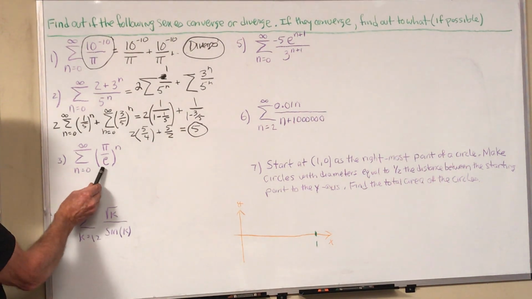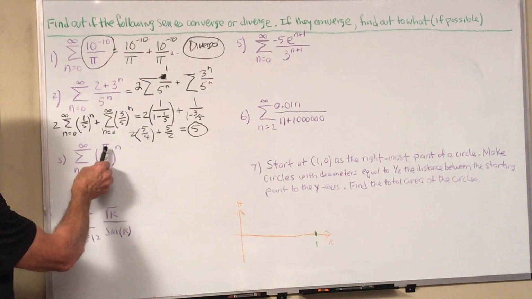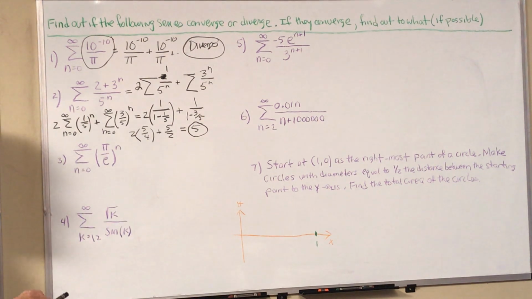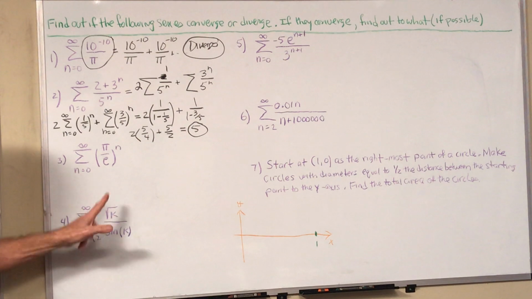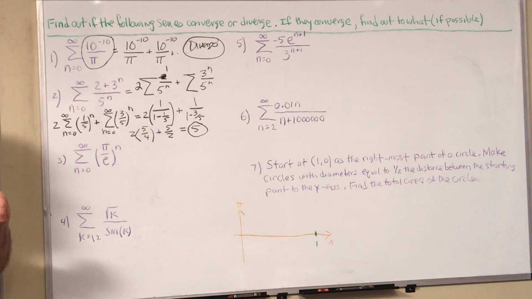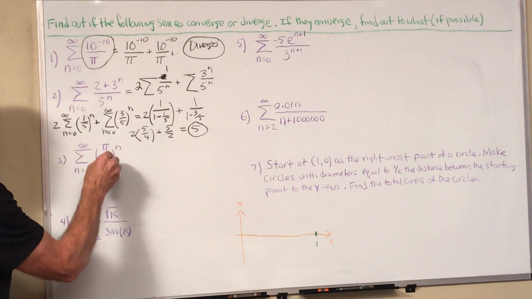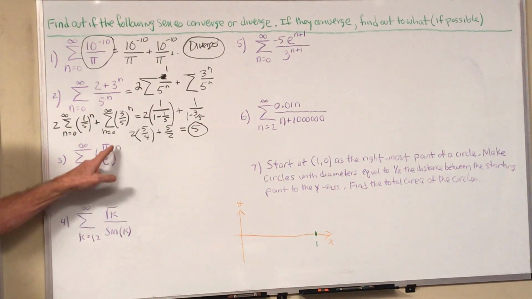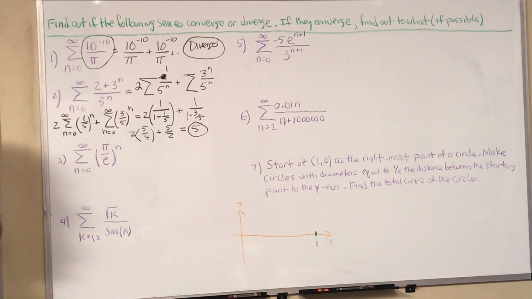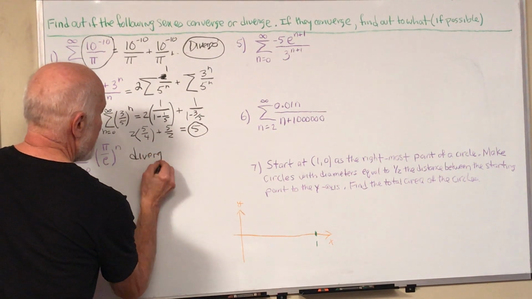Okay, this next one. Pi and e are both numbers. So pi over e is just a fraction. So again, we have a geometric series. It's r to the n. But what do we know? We know that pi is bigger than e. So this fraction in here is bigger than 1 in absolute value. So all I have to do is say the series diverges.